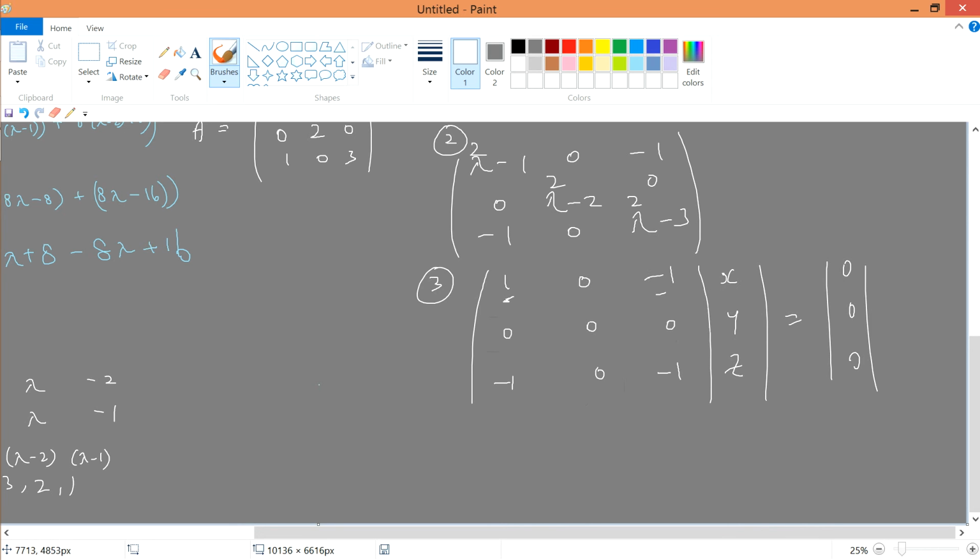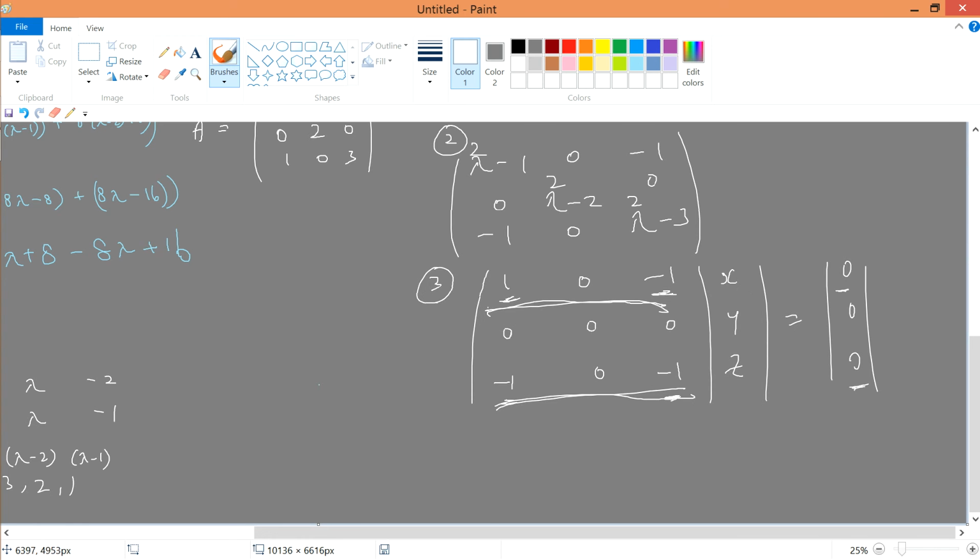This row is inconsistent with this one, they are totally inconsistent. Or perhaps you can also add them together. Since they are not equal to each other, this row is not equal to this row, you can take this and add it to this.